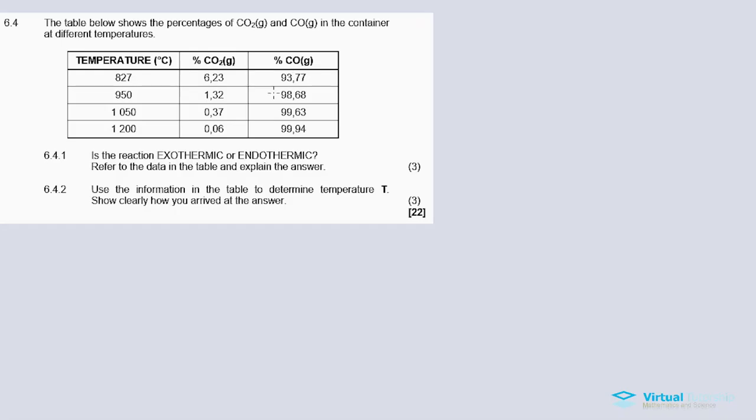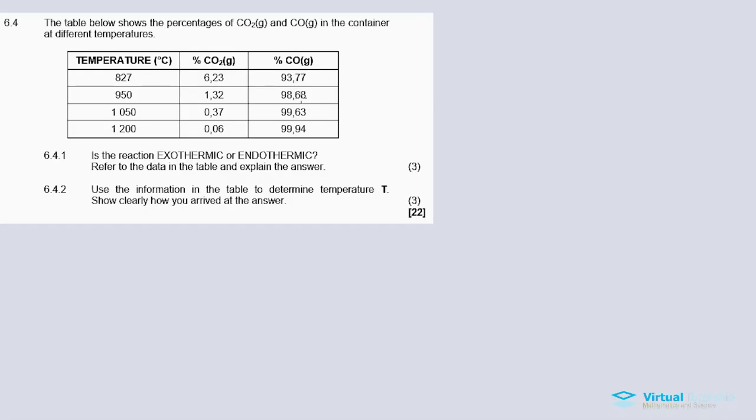These are the percentages at equilibrium for the product and the reactant, using the number of moles at equilibrium.